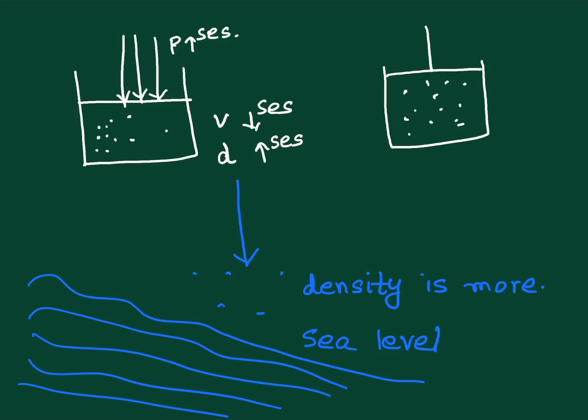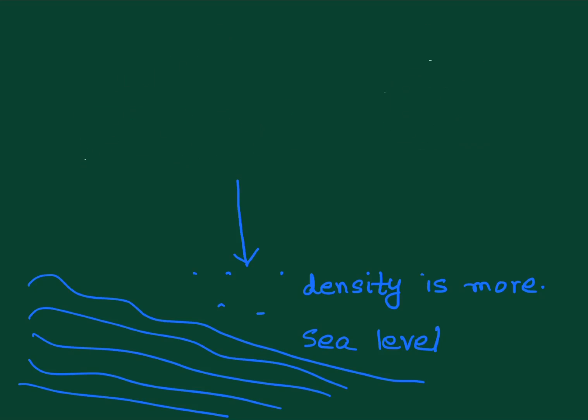Now, when you go to higher heights, on the other hand, if you go to higher altitudes, to the mountain tops, what will happen? There, the volume increases, the pressure of the surrounding air is much less, right?